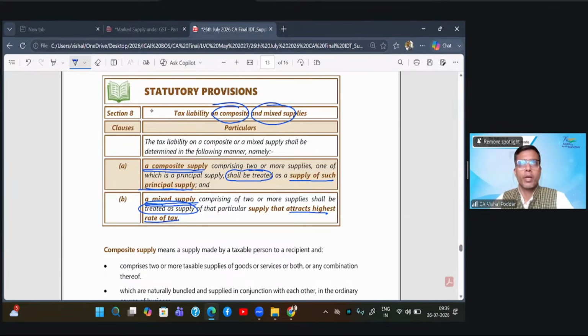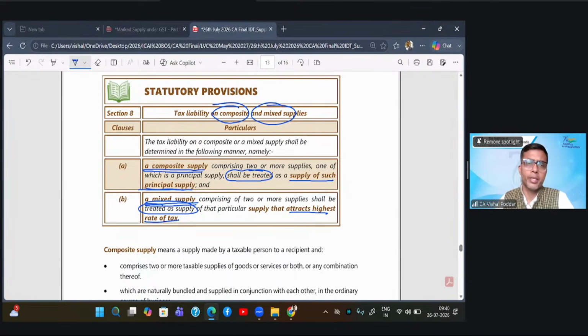So let us say at the time of Diwali, we find that there is a basket made which includes maybe sweets also, cold drinks also, different types of chocolates also. So nowadays, different types of combinations are made. Now, in such a case, one item is attracting zero rate, one is attracting 5%, one is attracting 18%. In such cases, the entire package will be taxed at 18%. That is at the rate of that one item which is attracting the highest.